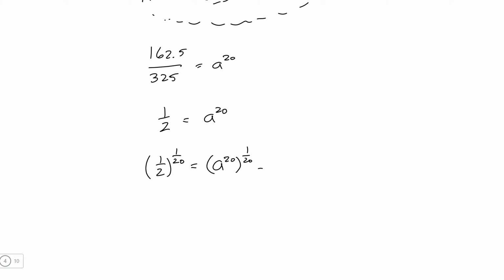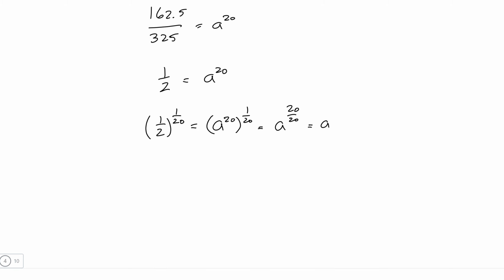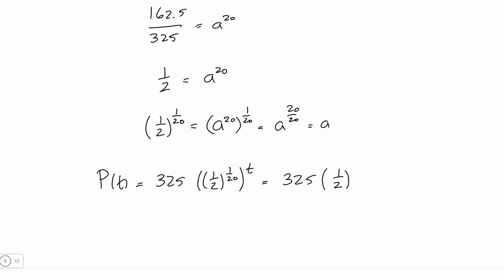And remember from our exponentiation rules, we multiply these exponents, so this becomes just a. So using this, I can now write my equation as 325 times 1/2 to the 1/20, raised to the t. And if I want to use my exponentiation rules again, I can combine that t and the 20, so it looks like this.